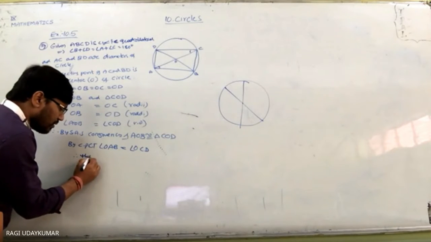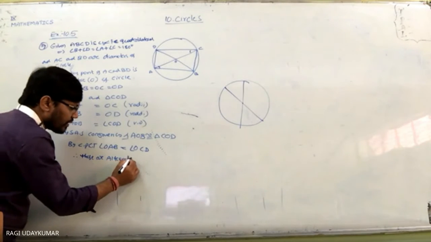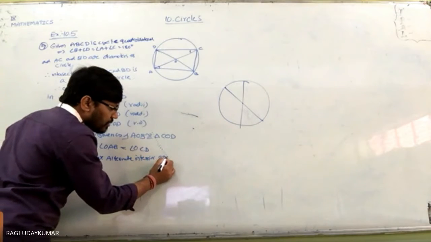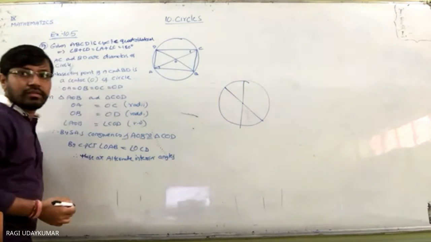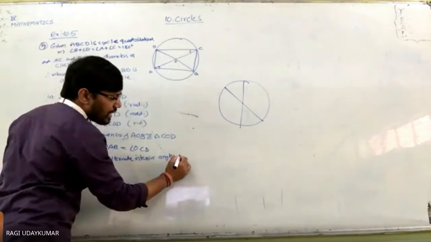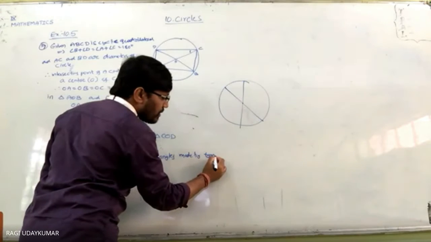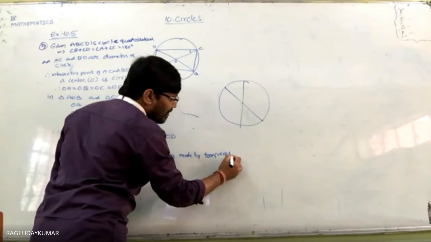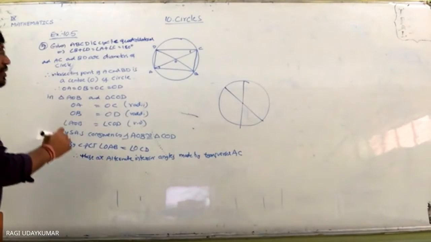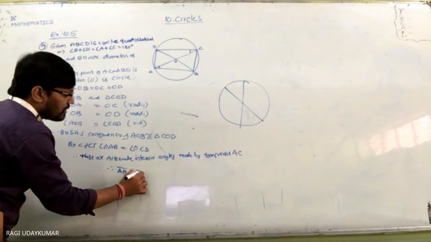These are alternate interior angles made by the transversal AC. So therefore you can say that AB is parallel to CD.